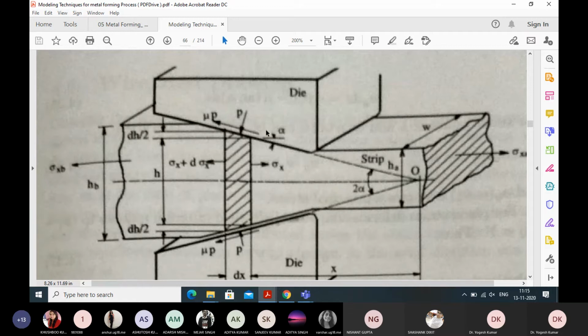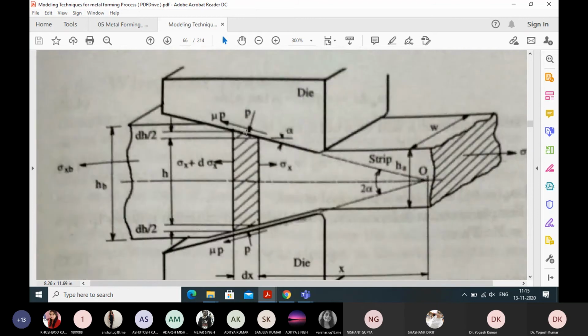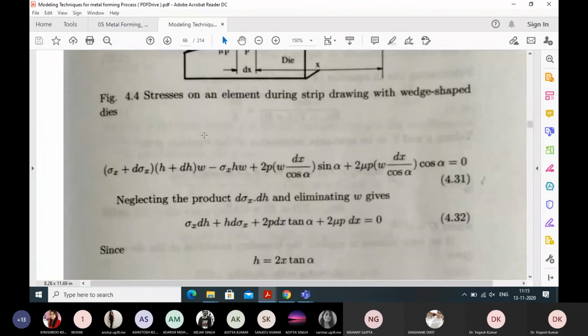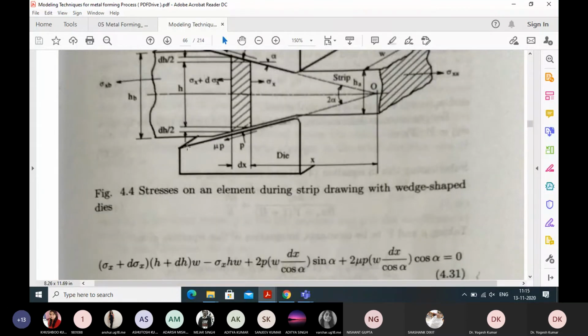Now let us come to this equation. We are trying to implement force equilibrium in the x direction. Here you can see sigma x plus d sigma x multiplied by h.